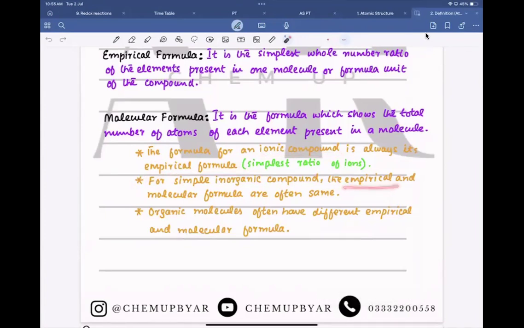There are many inorganic compounds which have the same molecular and empirical formula. Can you give me any example which has the same molecular and empirical formula? We are talking about inorganic compounds, not ionic ones, because ionic ones don't have a molecule, right? Yes. Can you think of any compound which has the same empirical and molecular formula?